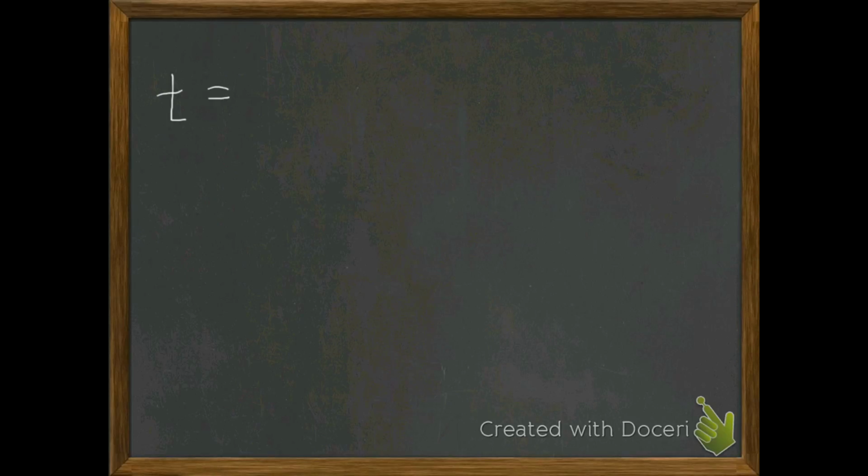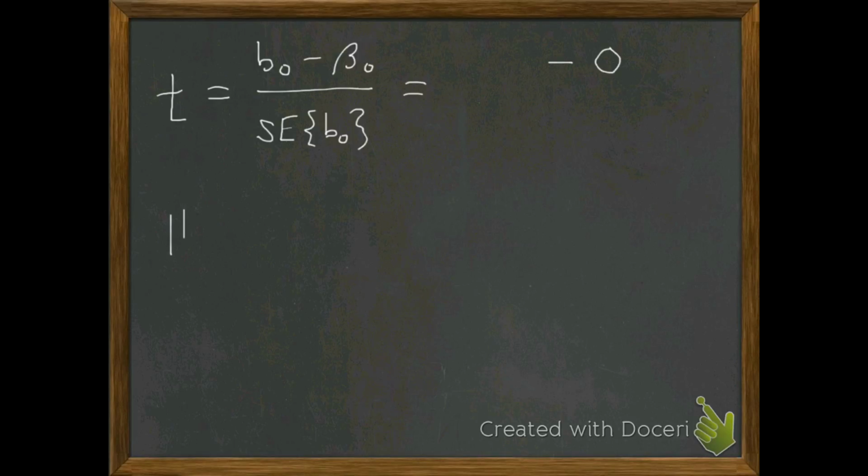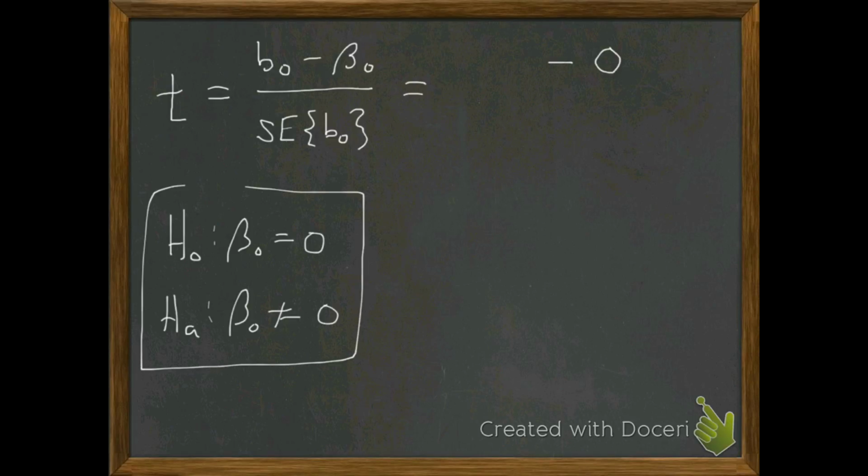So guys, very quickly, we know our test statistic is b0 minus beta 0 over the standard error for b0. And let's just assume here that we're testing beta 0 equal to 0 versus beta 0 not equal to 0.